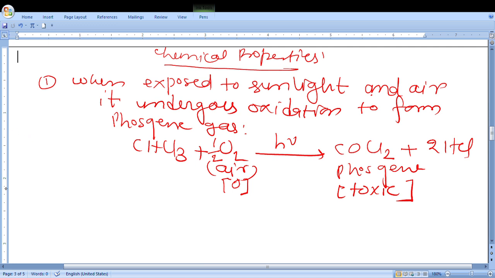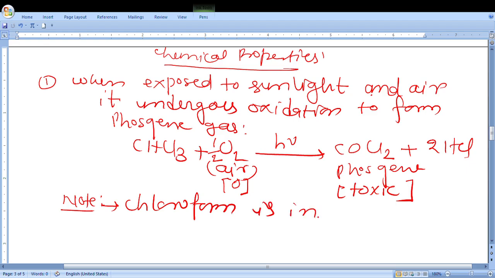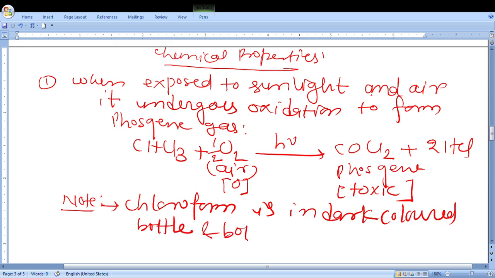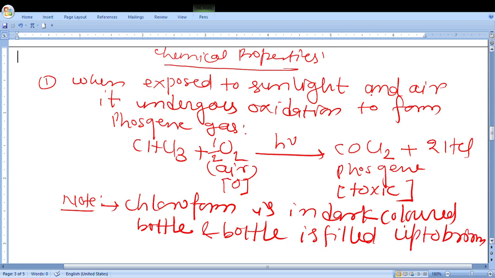Next will be a very important note to remember for chloroform, that it is kept in a dark colored bottle, and the bottle is filled up to the brim.